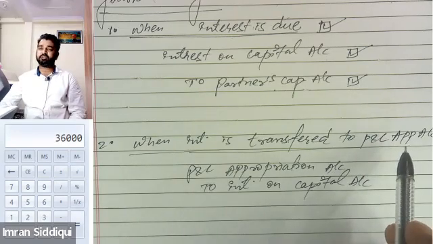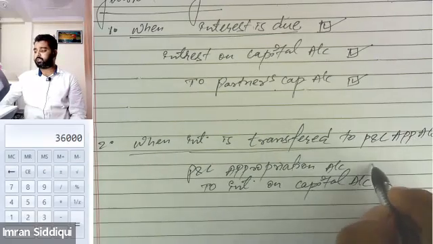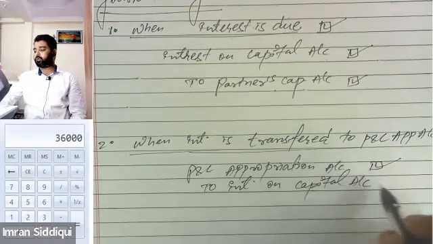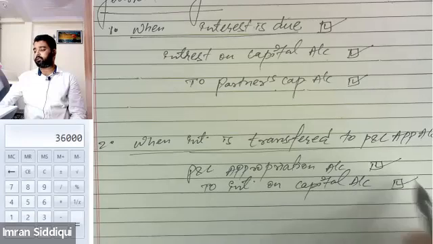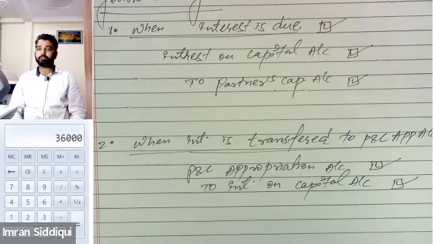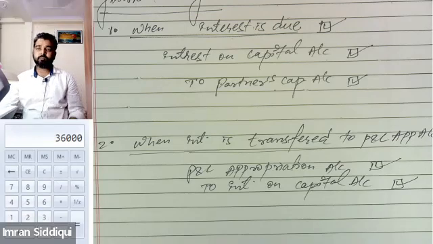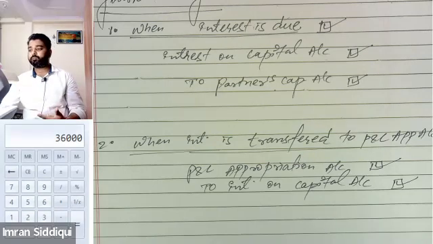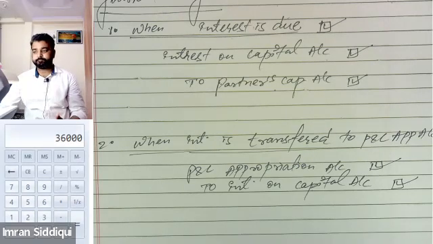When you transfer it, the general entry in that case will be profit and loss appropriation account debit to interest on capital. P&L appropriation account will be debited to interest on capital. So these two entries will be passed. First is when the interest is due, and second will be made when interest is transferred to the P&L appropriation account. Okay, so I hope this is clear to all of you, right?